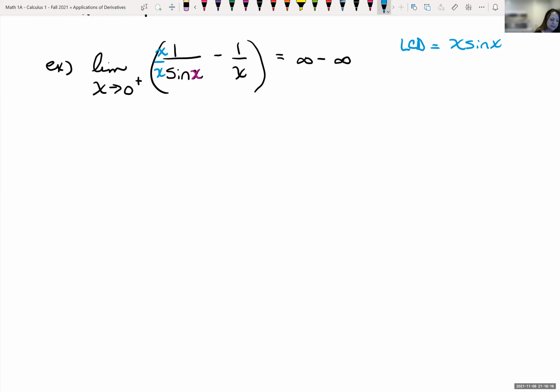And I need to multiply this second fraction by sine x over sine x. So looking at the limit as x is approaching 0 on the right, rewriting this as a single fraction, we have x minus sine x in our numerator, all divided by x times sine x.